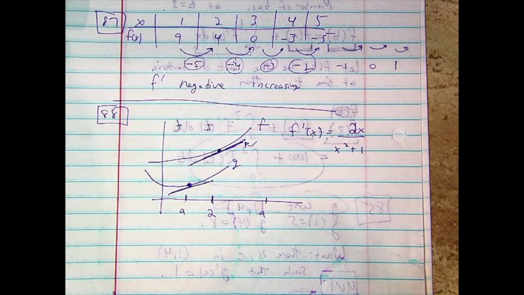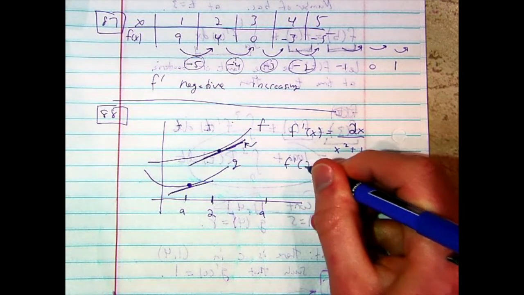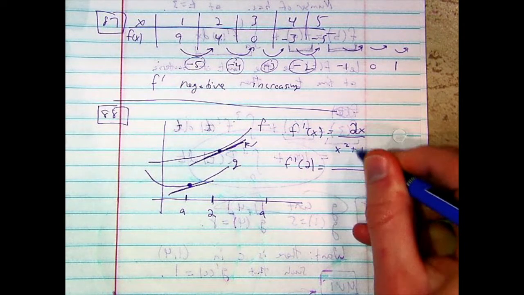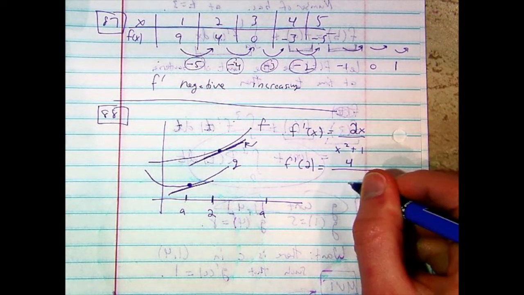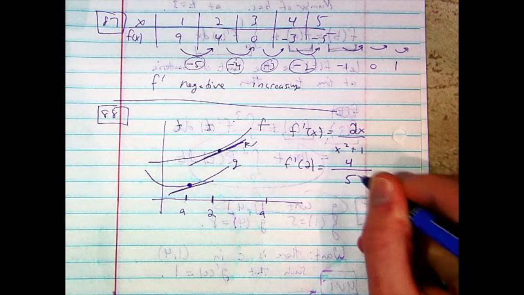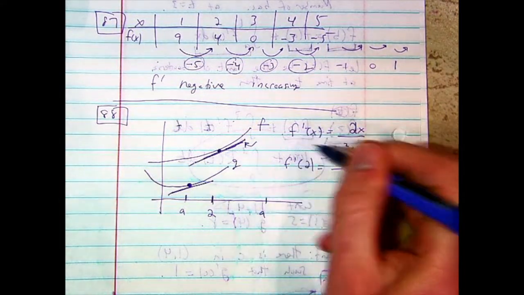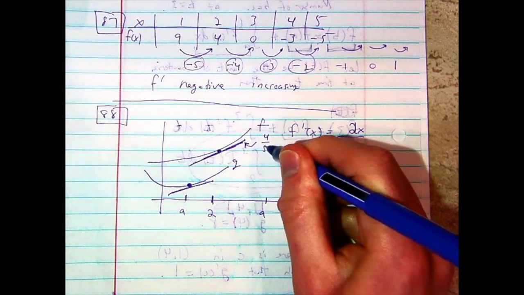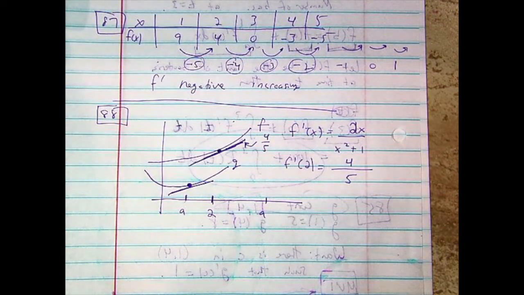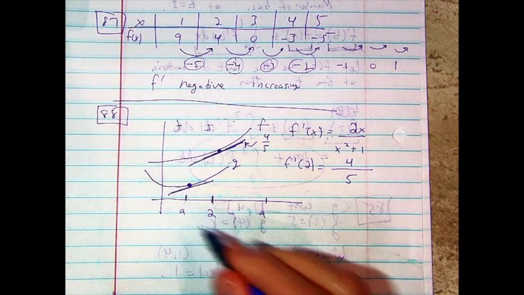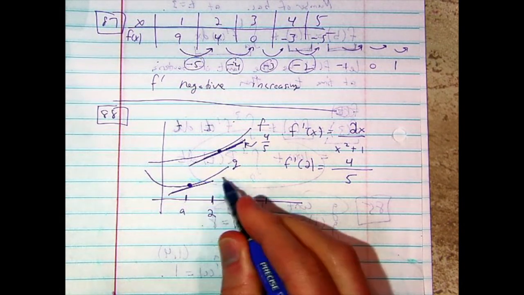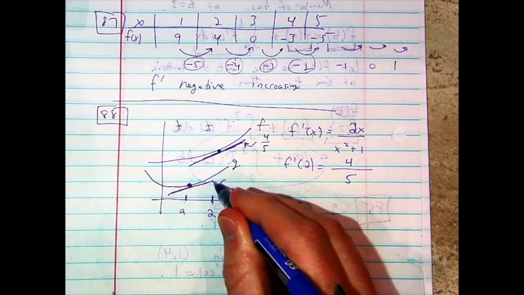So f prime evaluated at 2 would be 4 over 5, 4/5. So the slope of this line right here is 4/5. Therefore, whatever A is, the slope of the tangent line to G must also be 4/5 at that point.